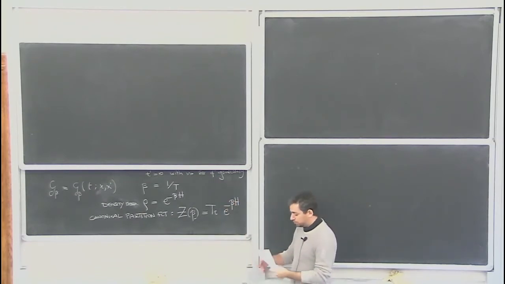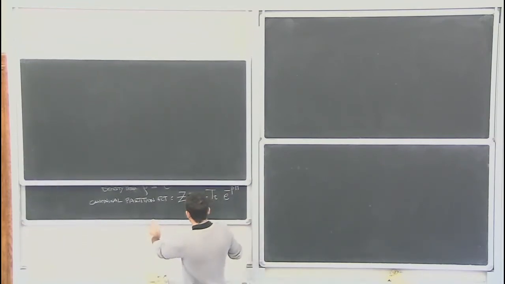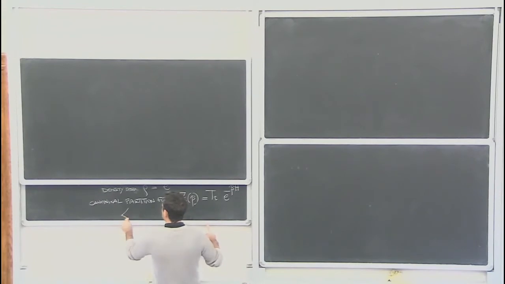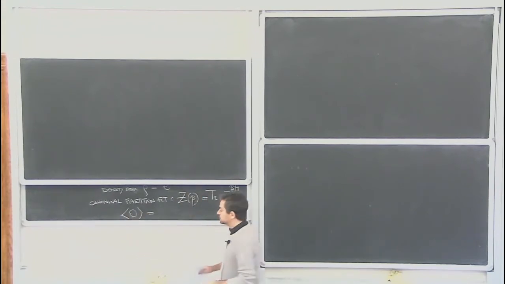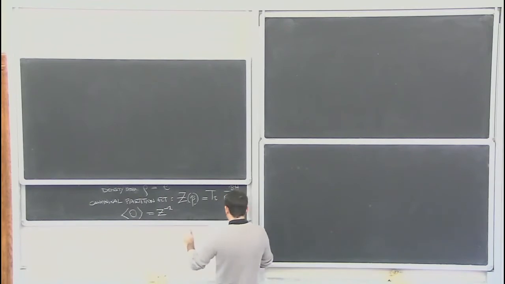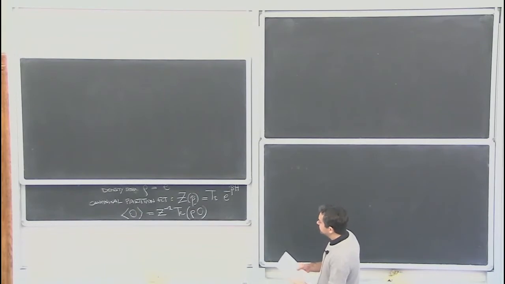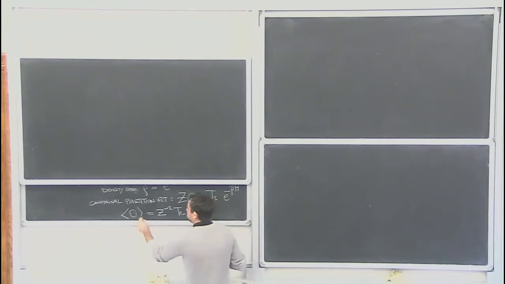And in order to compute any expectation value of any operator, for instance, the one-point function here is 1 over Z, this is the normalization, and then the trace of rho times the operator O. This is the expectation value at temperature beta.